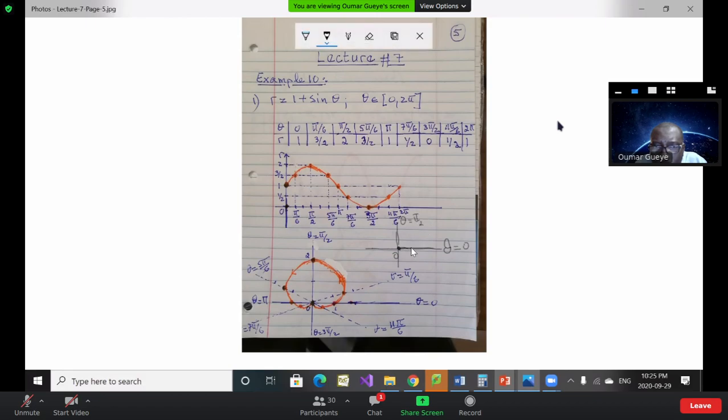Starting from the horizontal line up to here, the angle is a right angle. If you continue to this side, you get theta equals pi, and below here is theta equals 3 pi over 2.